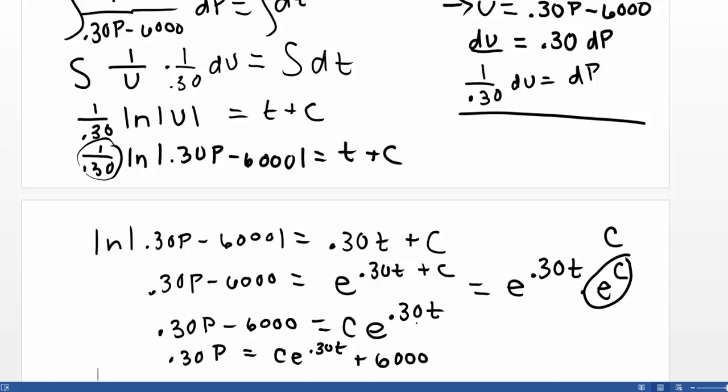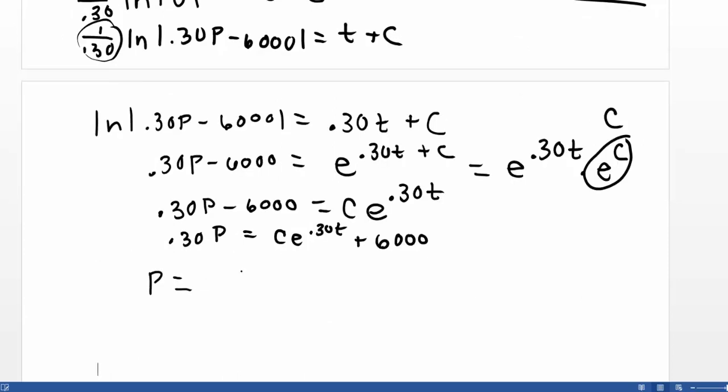And then last but not least, we need to divide both sides by 0.3. So p equals c e to the 0.30t. So again, when you divide c by 0.30, it just gets absorbed, plus 20,000.